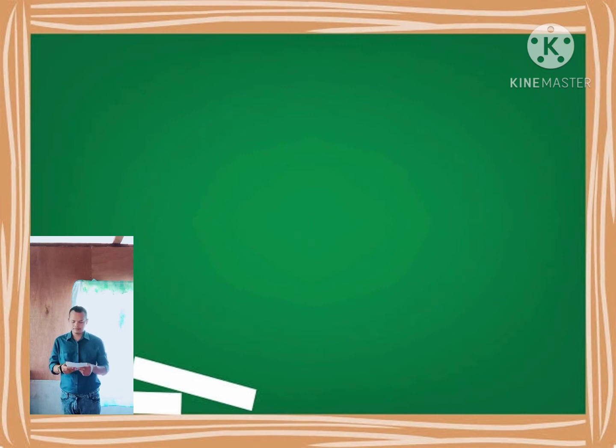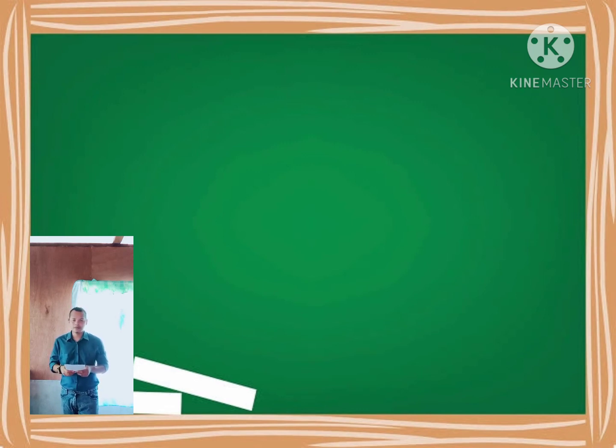Number 5. The doctor returned to check on his patient. The prefix re means A. Away. B. Again. C. Aging.